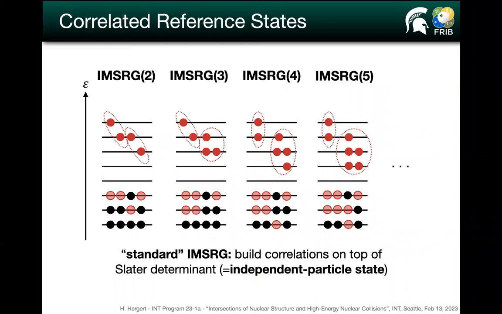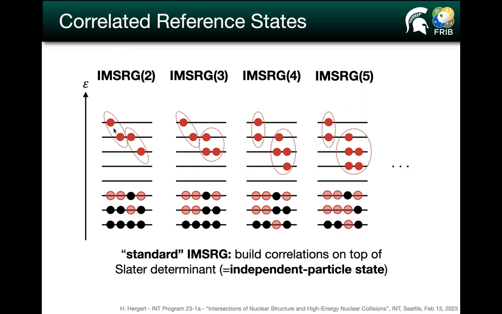Okay, so in principle, as I just said, we make this ansatz for the unitarily transformed eigenstate, and we can pick ansätze that have no correlations built in whatsoever. That would be what I call the standard IMSRG approach here. So we build correlations on top of a Slater determinant, which is an independent particle state, but then it means that the IMSRG has to describe all the correlations in the system somehow and has to shuffle them into the Hamiltonian.